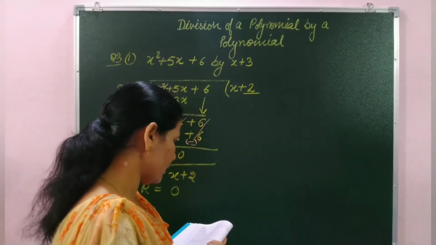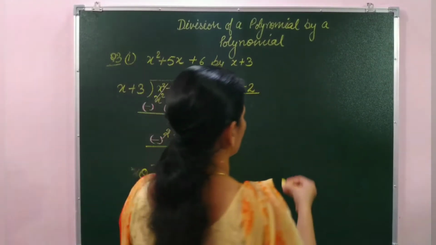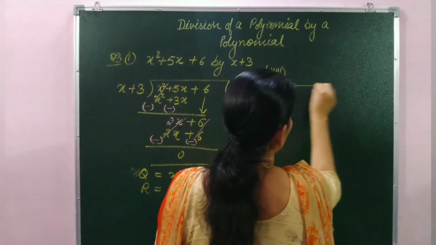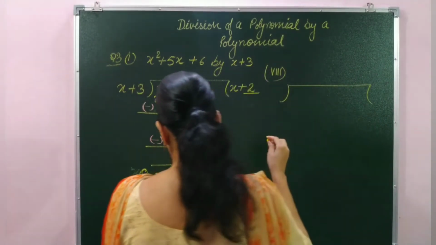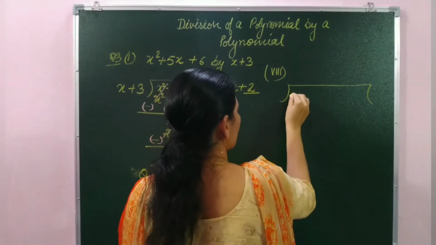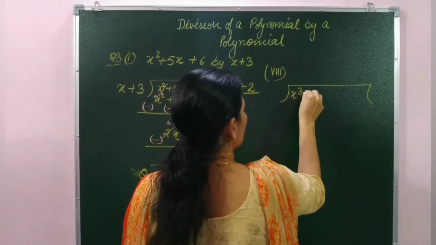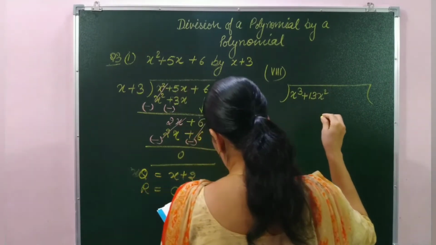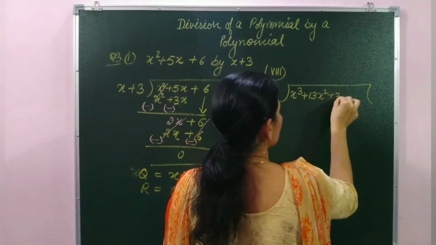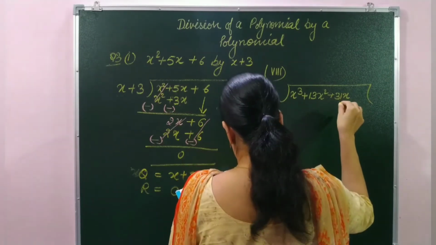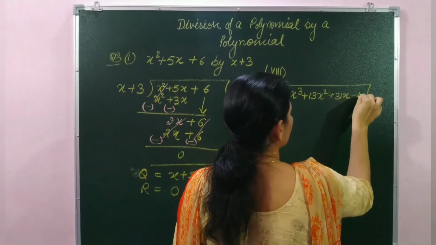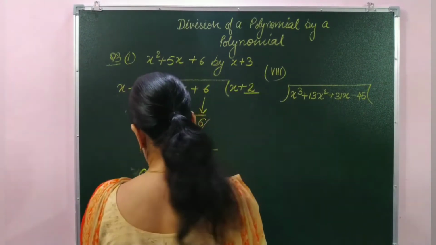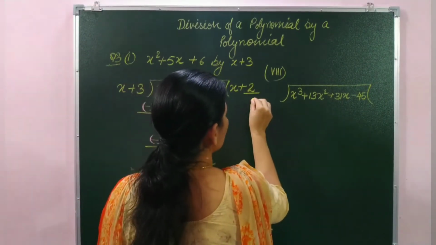Now I am taking its 8th part. The 8th part they have given is x cube plus 13x square plus 31x minus 45, and it is divided by x square plus 4x minus 5.